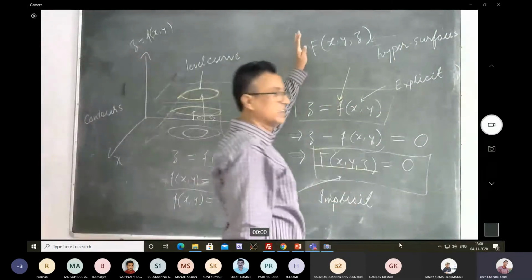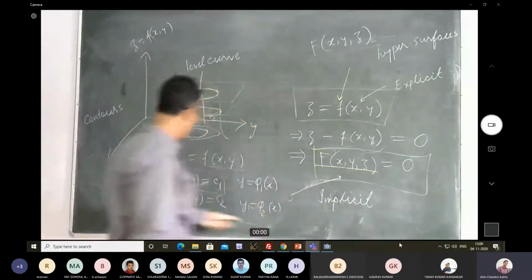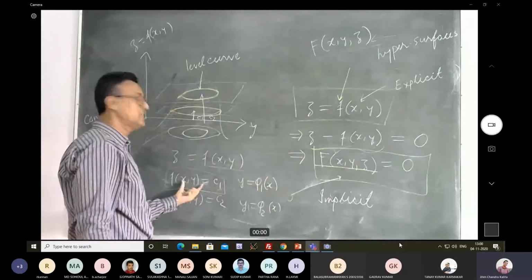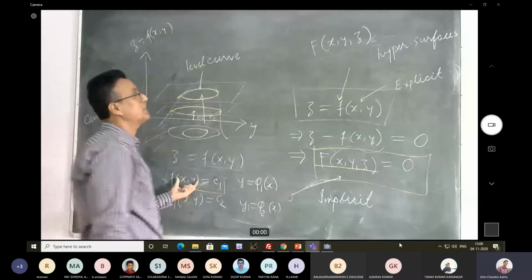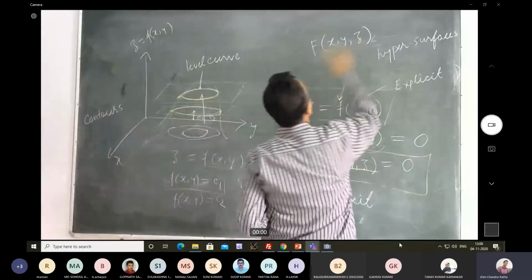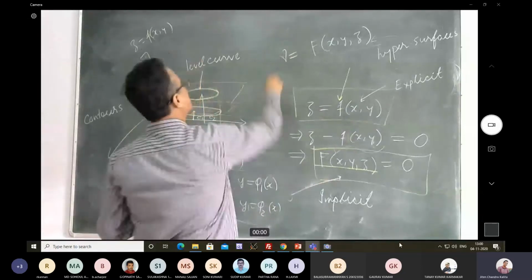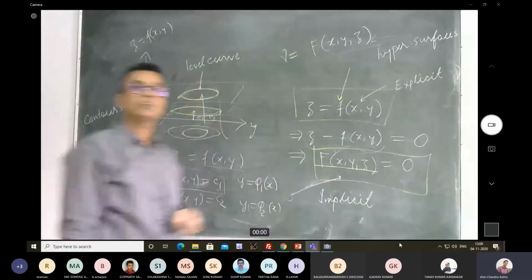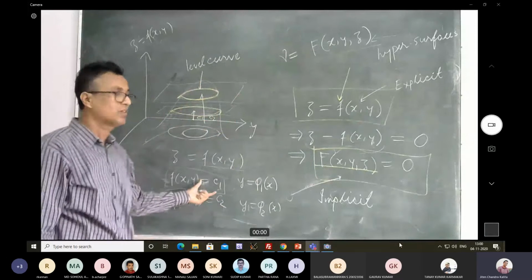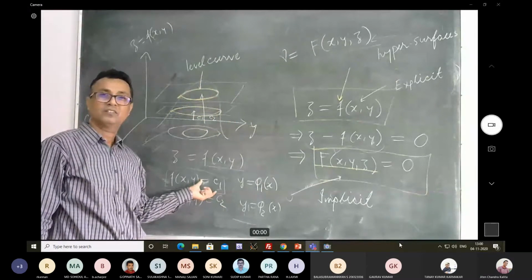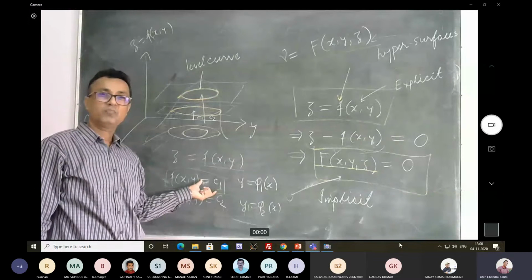Okay, so now if you take this approach, simply by plugging in the value of, say, this new variable, by plugging in a constant value like this, what should I get? Are you getting my point?